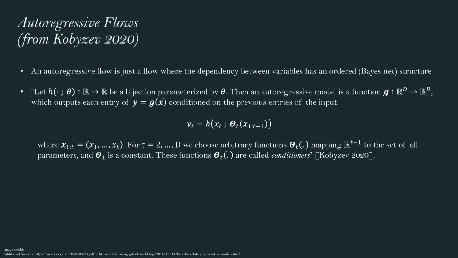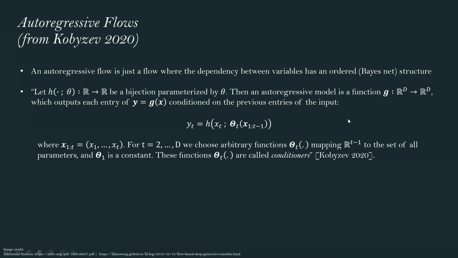Here's a definition that Kobyzev gives. Let's assume we have some function h that maps the reals to the reals, a bijection parameterized by some theta. Then an autoregressive model is a function g mapping R^D to R^D, where the outputs of each entry are conditioned on the previous entries of the input.